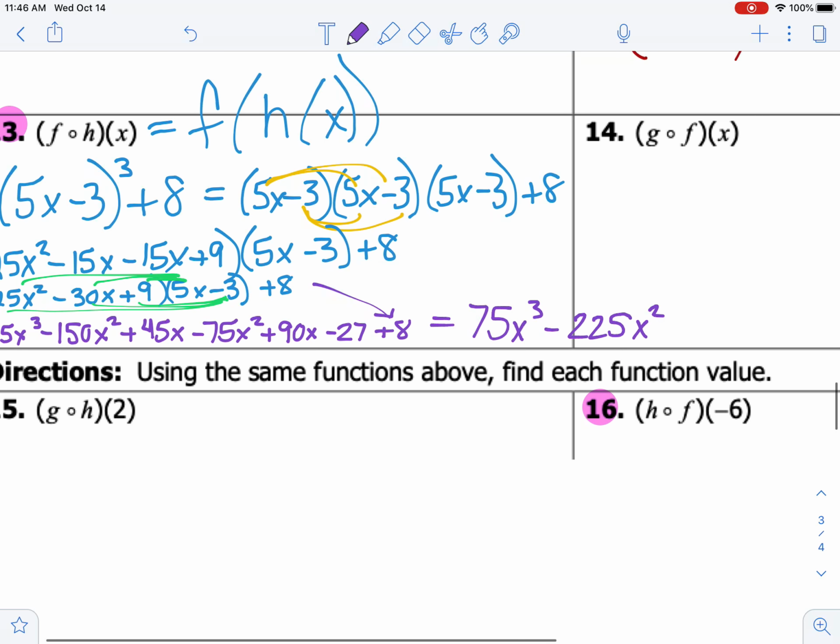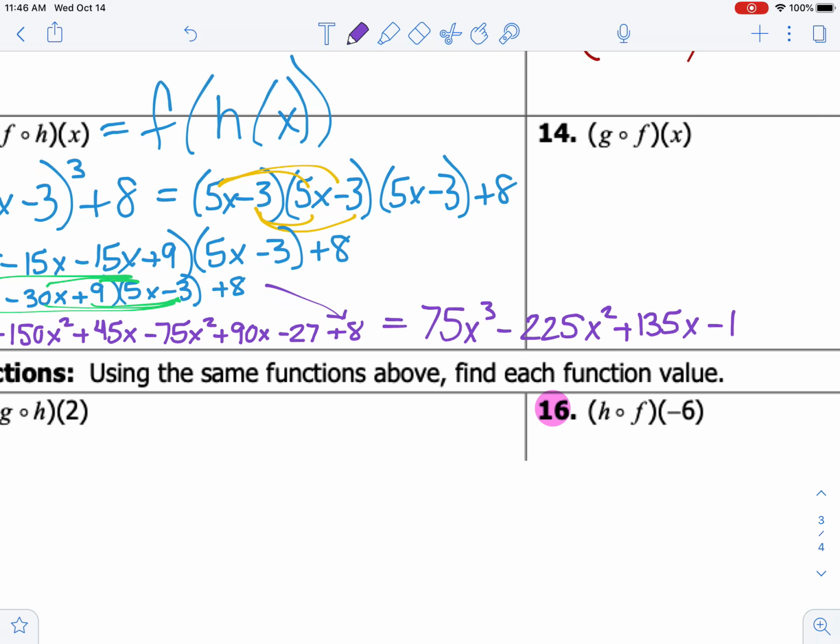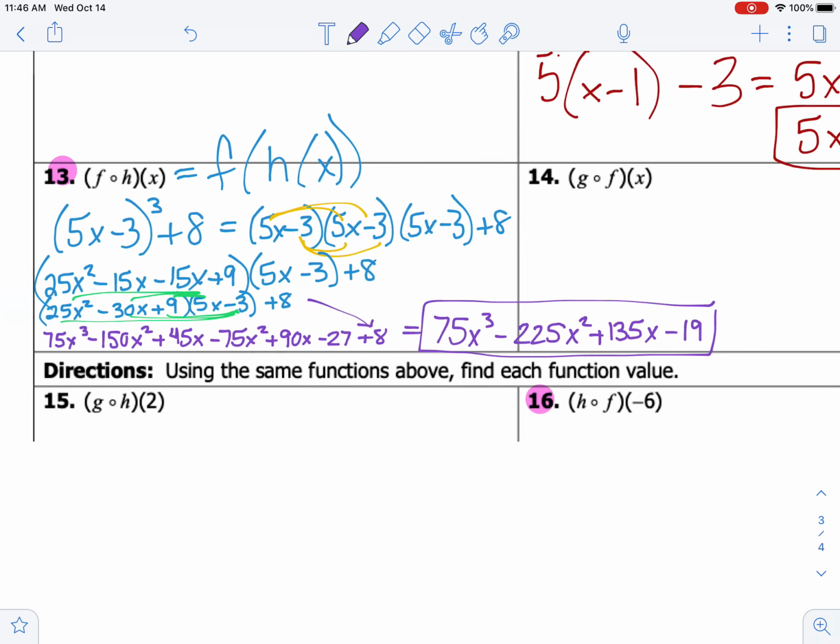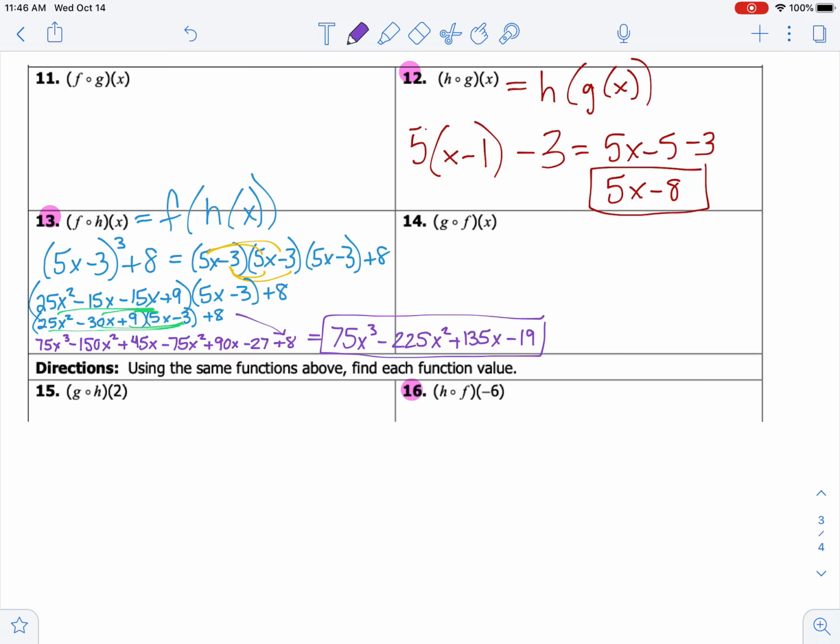And 45 and 90 would make 135. And negative 27 plus 8 would make negative 19. All right, that's a big old problem, okay? And I know that that's a lot of work, but it's tedious. It's not too scary.